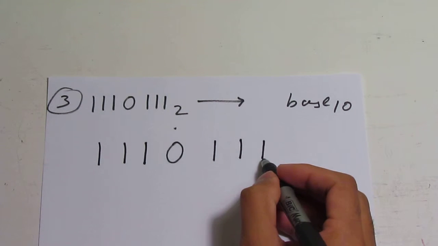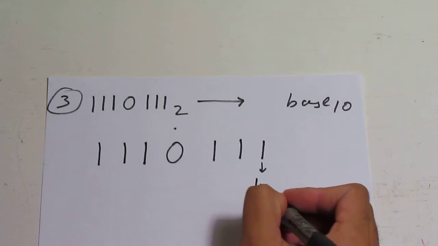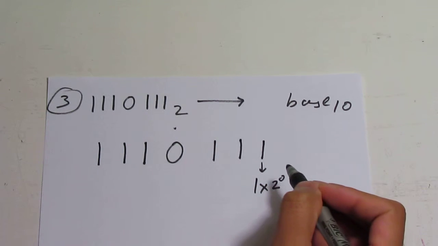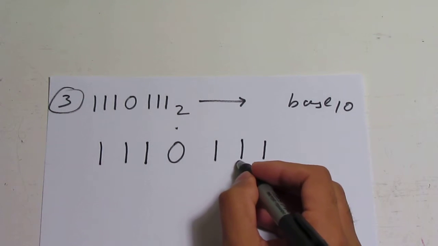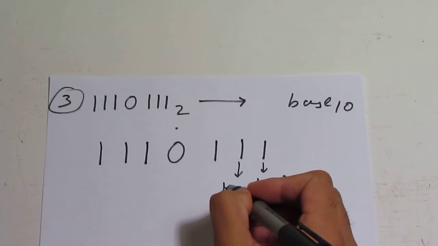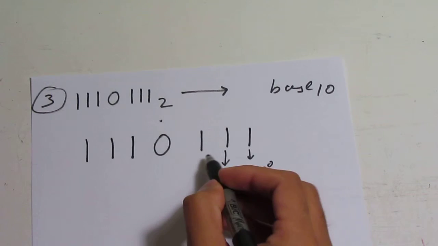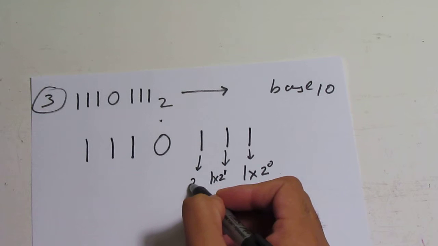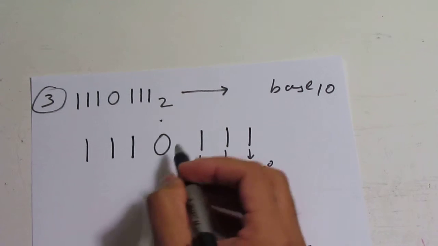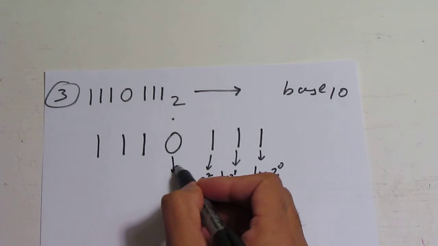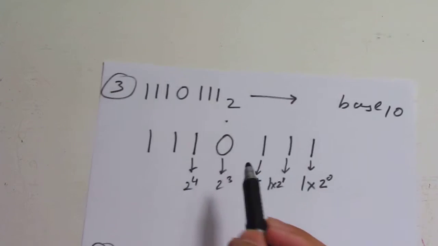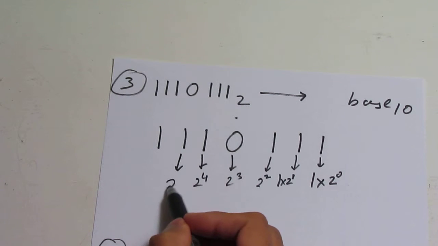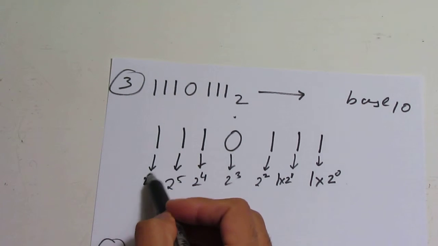This one would be 1 times 2 to the power 0, and this one would be 1 times 2 to the power 1, and likewise this one would be 2 to the power 2, squared. This one would be 2 cubed. This one would be 2 to the power 4. This one would be 2 to the power 5, and this one will be 2 to the power 6.